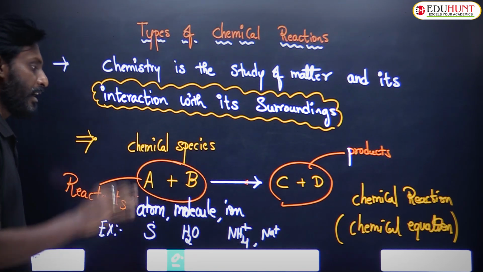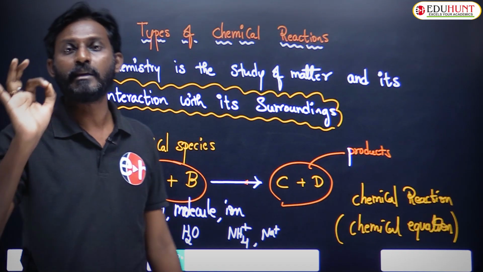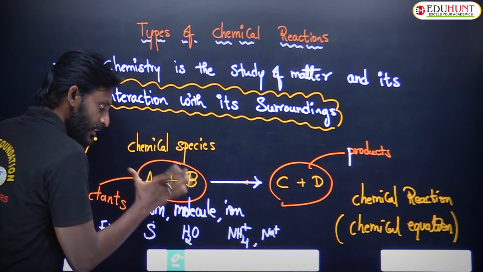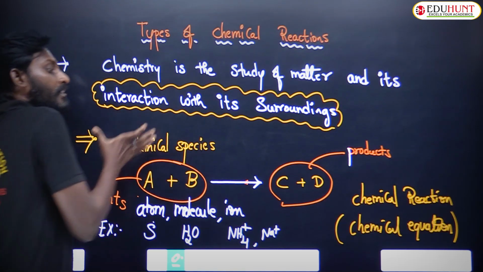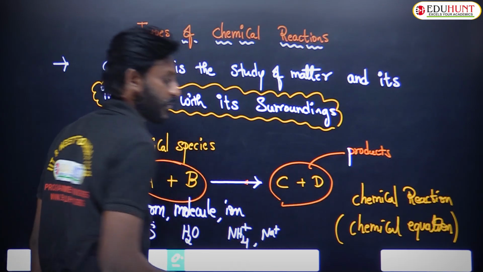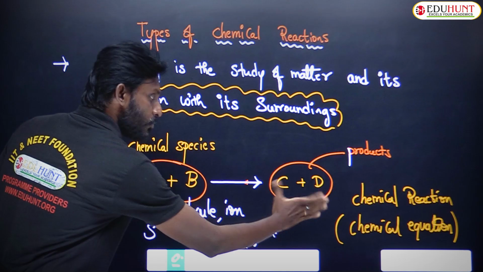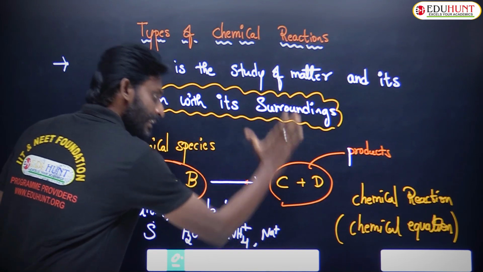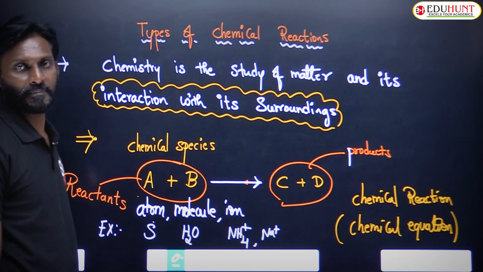So simply, a chemical reaction is a process in which one particular type of chemical species is converted to another particular type of chemical species, because the properties of these products are entirely different from the reactants.